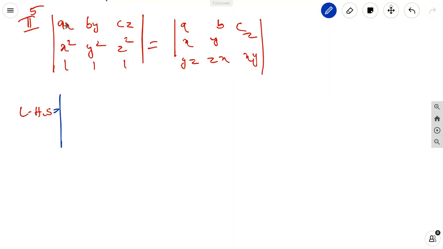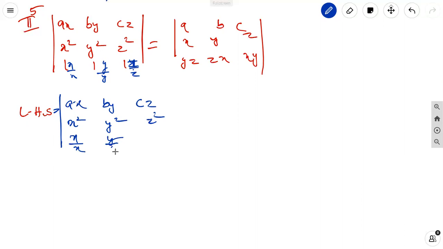In the first column, if we multiply and divide with x, multiply and divide with y, multiply and divide with z, then it becomes 1. So that is ax, by, cz, x square, y square, z square. 1 can be written as x by x, y by y, z by z. So in the first column we can take x common, in the second column y common, in the third column z common.